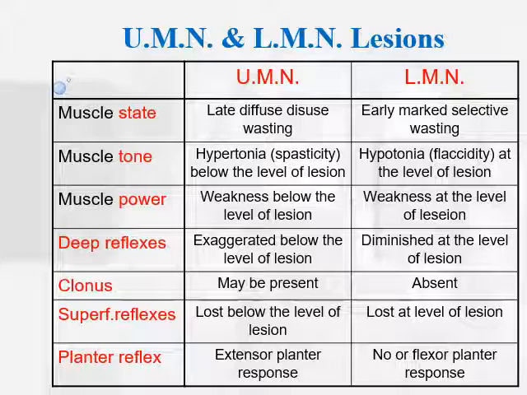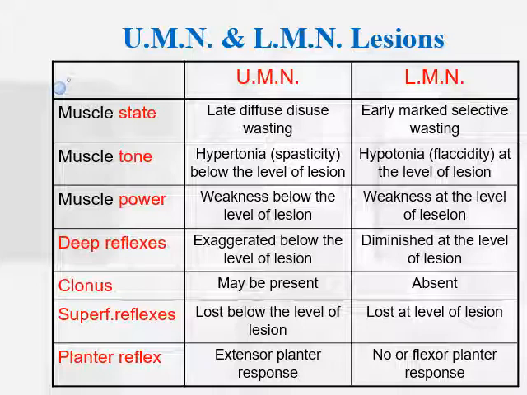The muscle power post-lesion will show weakness. Deep reflexes will be exaggerated in the upper motor neuron and diminished in the lower motor neuron. Clonus may be present in the upper motor neuron only.